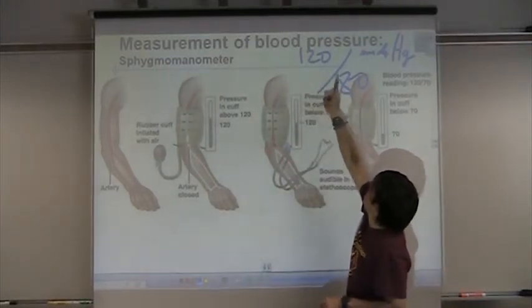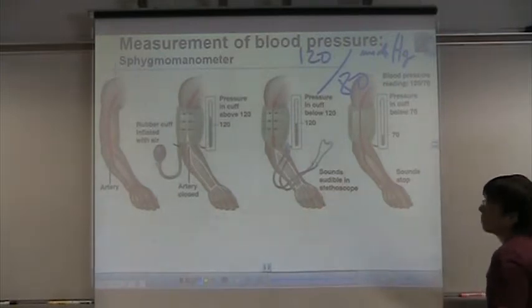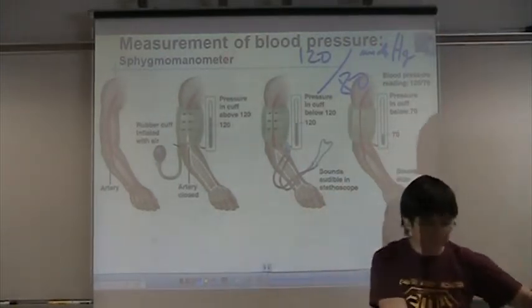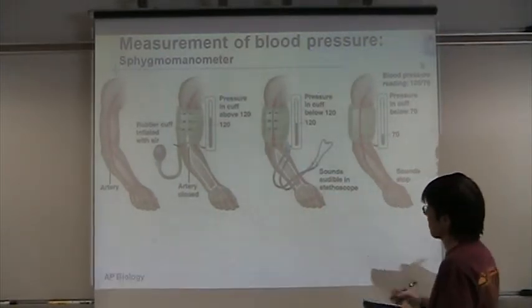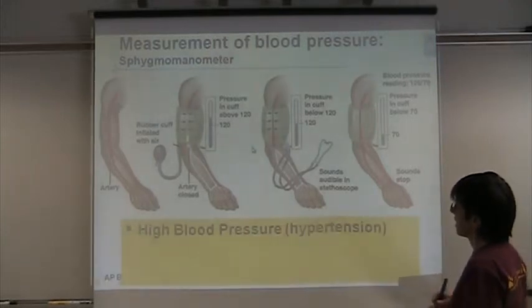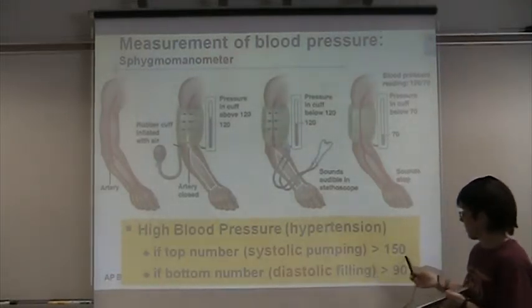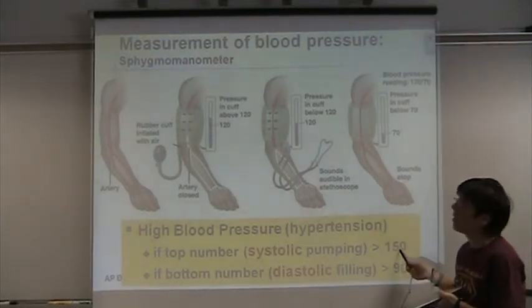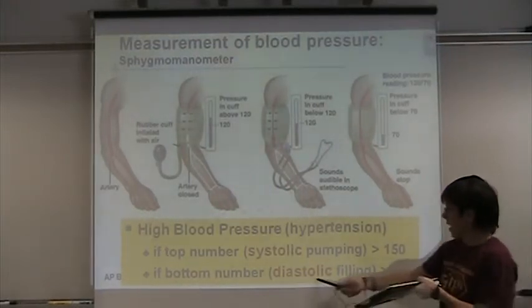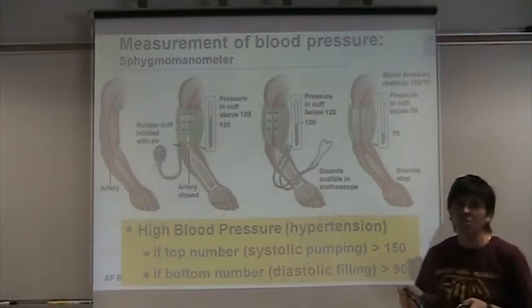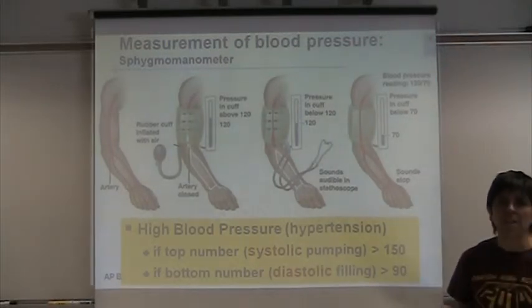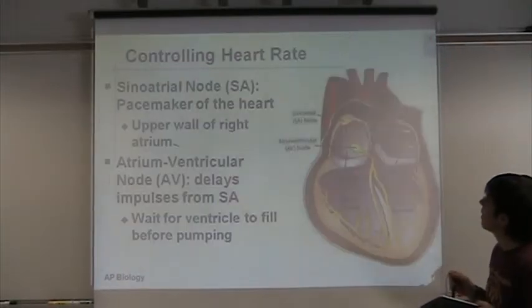So systole, diastole. My pronunciation might be off, but you can figure it out. All right, systolic and diastolic. Systolic, 150 is pretty high. 120 is about normal, and the diastolic is usually about 80 when it's your heart filling back up.